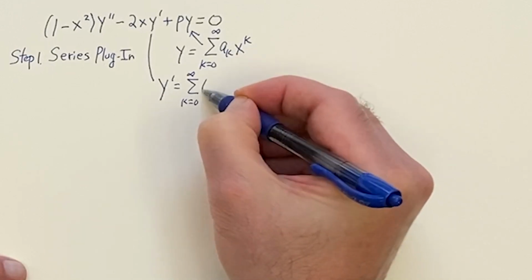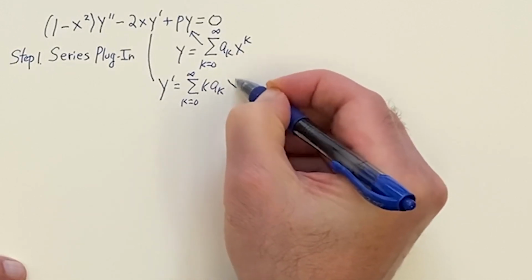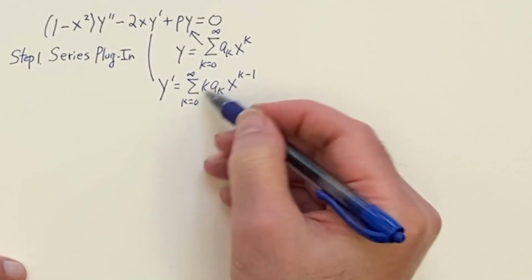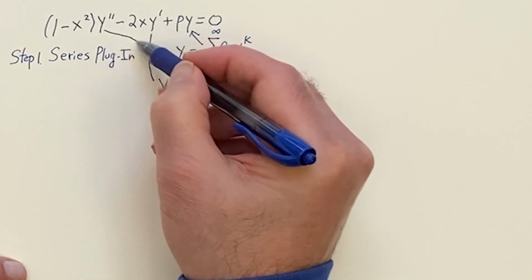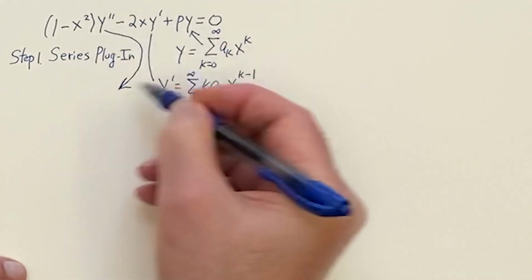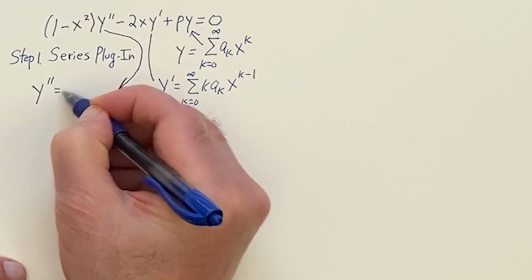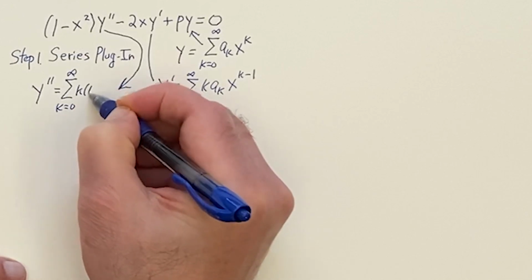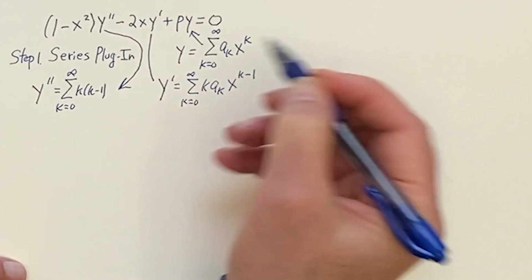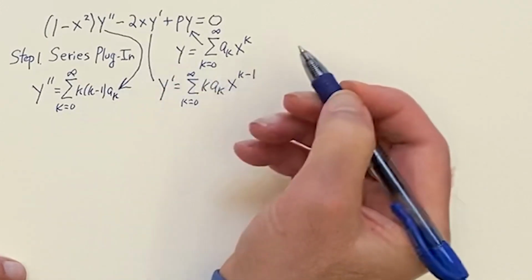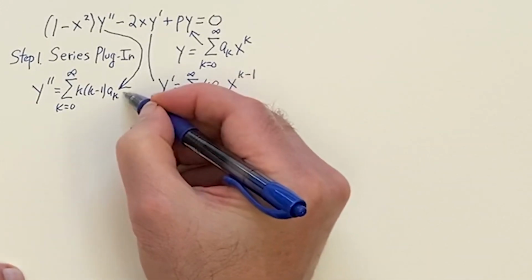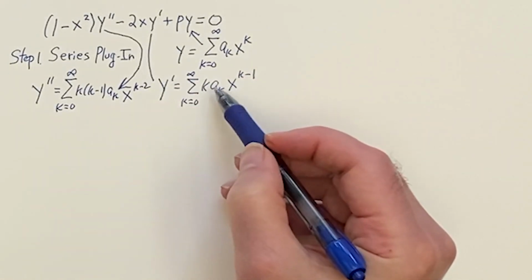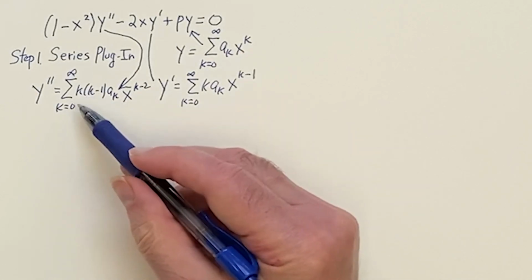We take the derivative, and the k pops down. And k can still start at 0 because when k is 0, that's 0. And then the last one, the y double prime, will go from 0 to infinity, k times k minus 1, and then a k and x to the k minus 2. Taking the derivative of this thing, you pull down a k minus 1 to join the k.